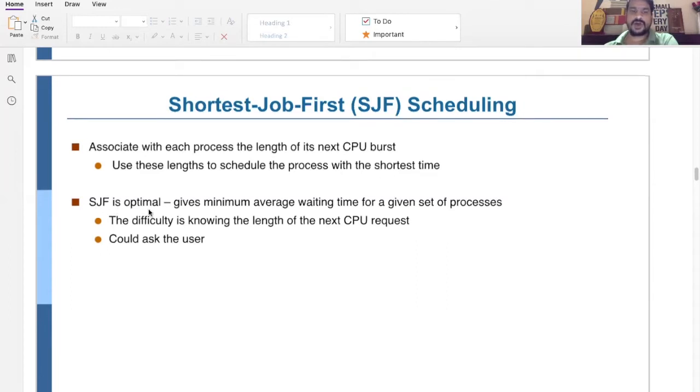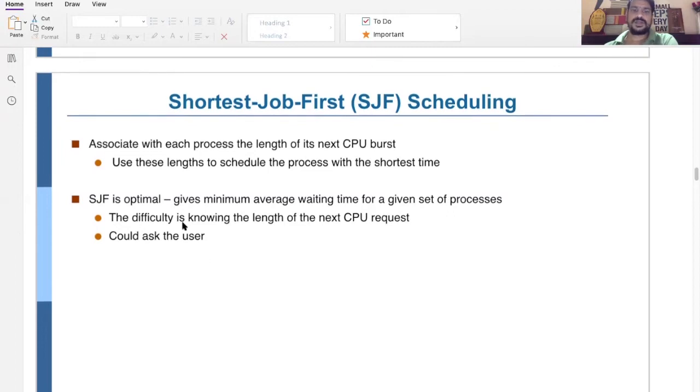Shortest job first is optimal; it gives the minimum average waiting time for a given set of processes. So if we have a set of processes, SJF is optimal compared to first come first serve. The difficulty is knowing the length of the next CPU request, which could be asked of the user.